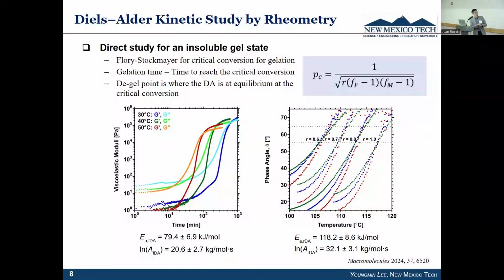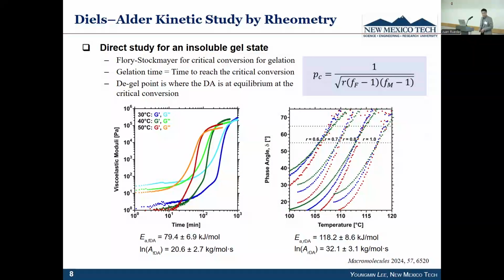Okay, so we measure this time it takes to form the network structure, and we can predict the reaction conversion needed to make the network structure by this equation. So by this data, we can study their reaction kinetic.